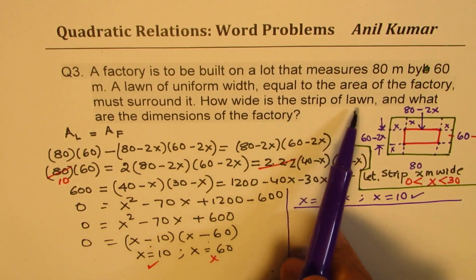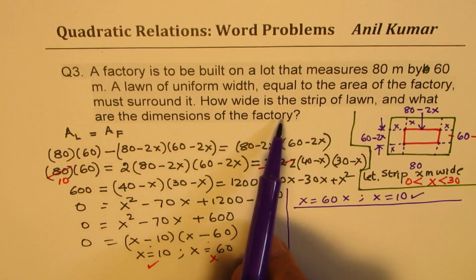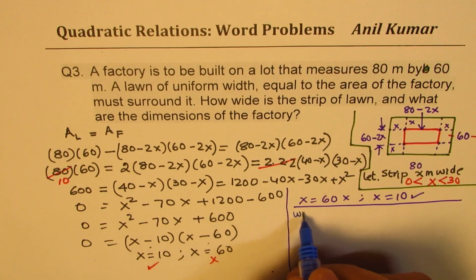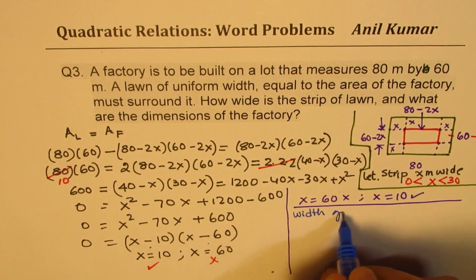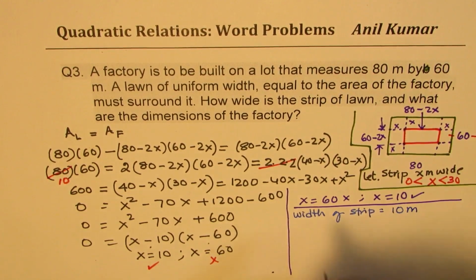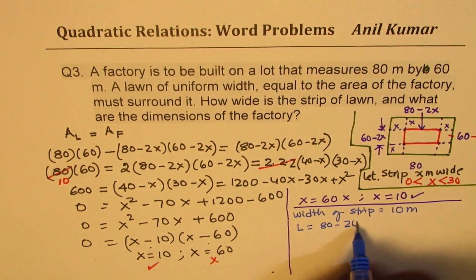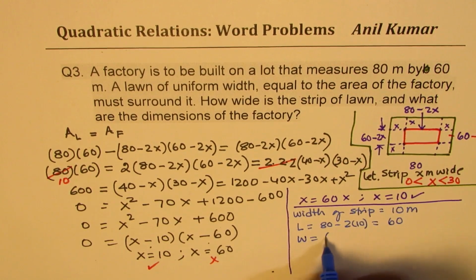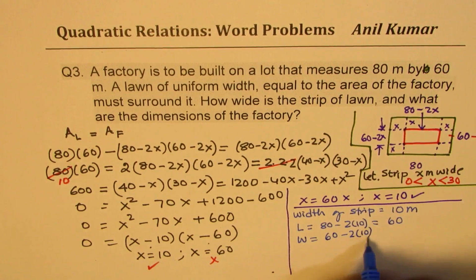How wide is the strip of the lawn and what are the dimensions of the factory? So that is the question. So the answers are: width of the strip is 10 meters, and dimensions are, so length is 80 minus 2 times 10, which is 20, gives us 60, and the width is 60 minus 2 times 10, so that is 40, right?